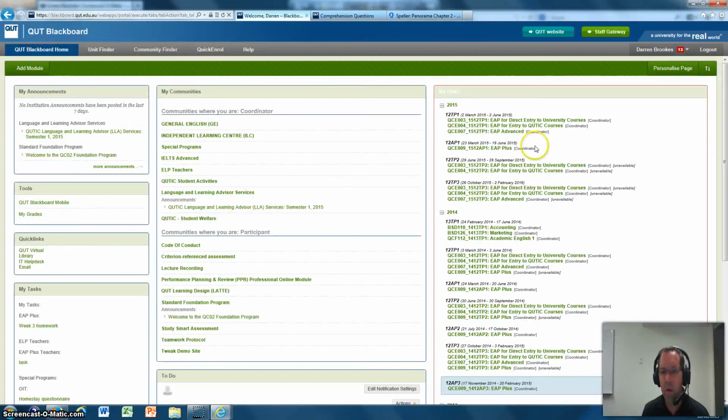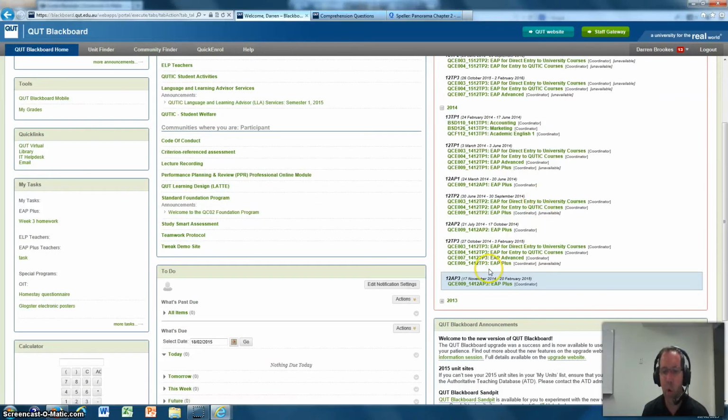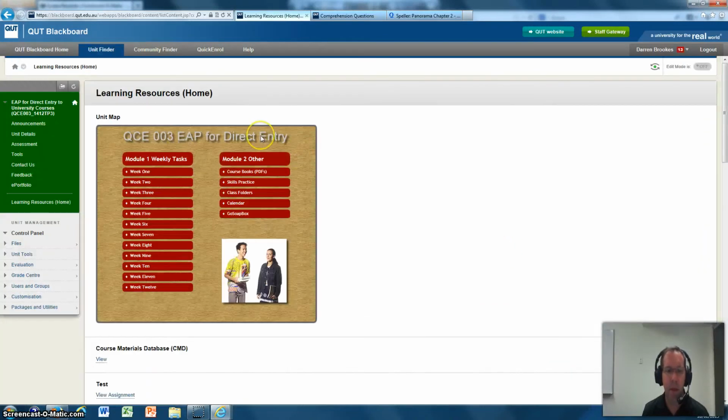Moving on to the unit sites, I'll just go to an old unit. The biggest EAP program we run is EAP for direct entry into faculty. That is an IELTS 6.5 outcome or 65% direct entry program.